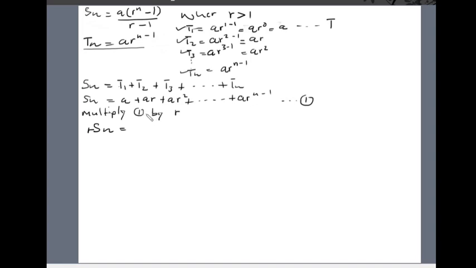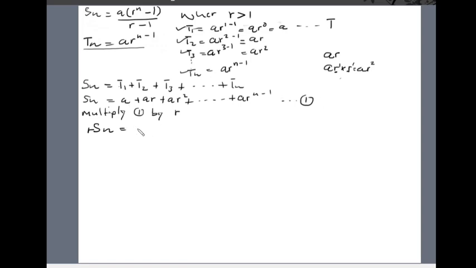Now you just have to apply the laws of exponents, which say that when you multiply the same bases, you add the exponents, right? So for example, let's multiply a by r, so we'll have ar. Now we multiply ar times r, we'll have ar squared, because we're just adding an exponent because of the same base, and so on.